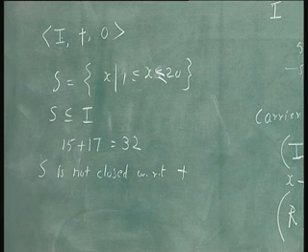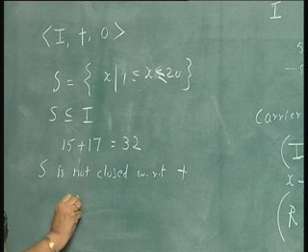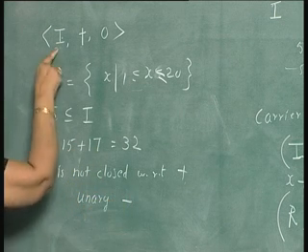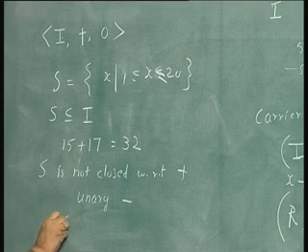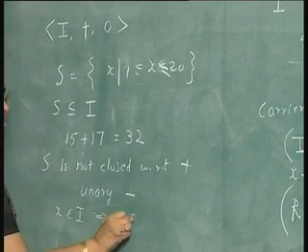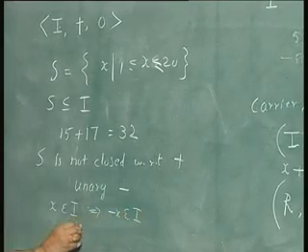Similarly, if you take a unary operation instead of a binary operation, say unary minus, if x belongs to I, it implies minus x also belongs to I. This is true.